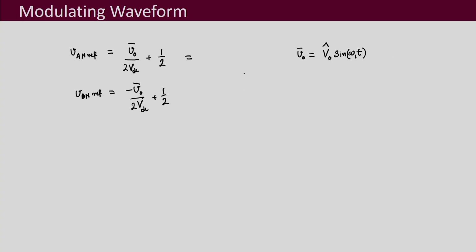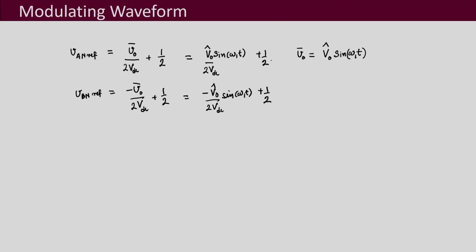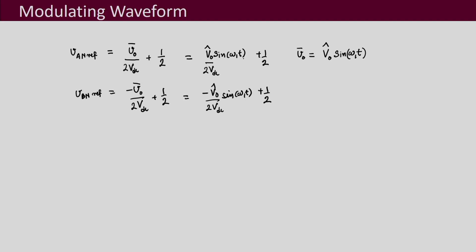So, then VAN ref will become equal to VO hat sine of omega 1 t by 2 VDC plus half, and VBN ref will become equal to minus VO hat by 2 VDC sine of omega 1 t plus half. So, what you see is that these two reference waveforms are shifted by half, basically there is a DC shift, and they are two sinusoids which are 180 degrees out of phase.